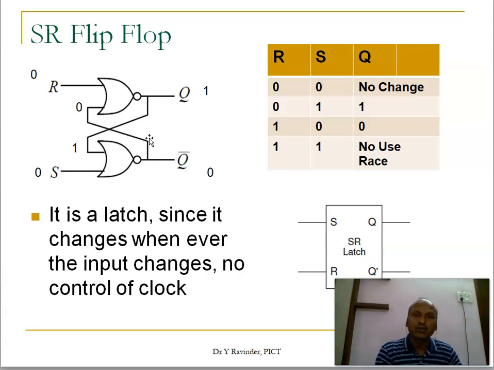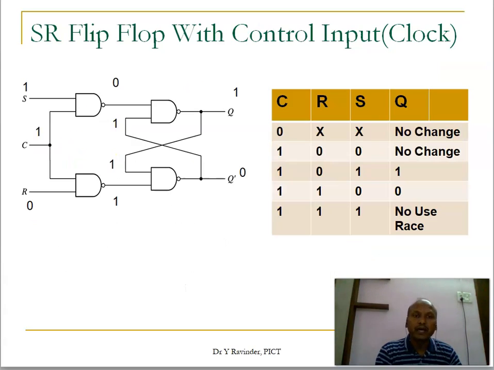I can control its operation, or I can enable or disable. That enabling and disabling can be done by using this combination. This also we discussed. So here we are implementing the SR flip-flop by using NAND gates.